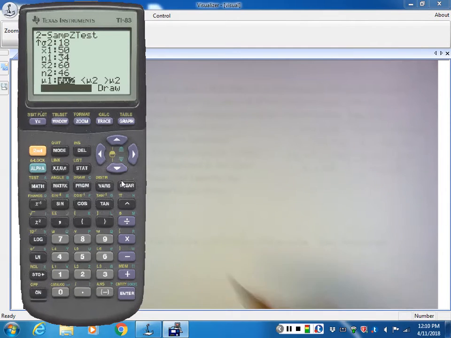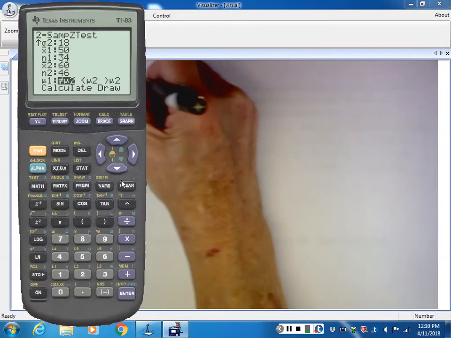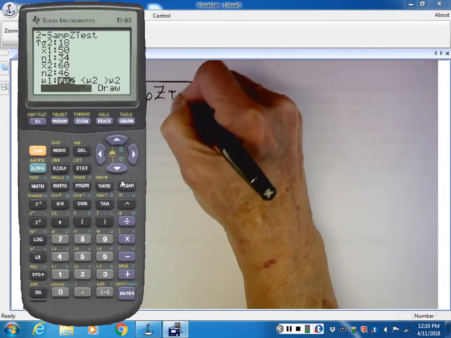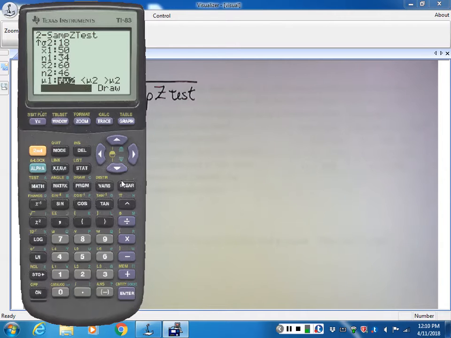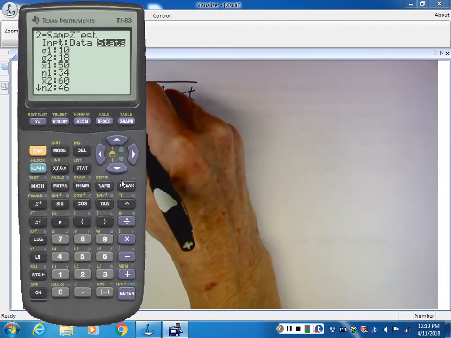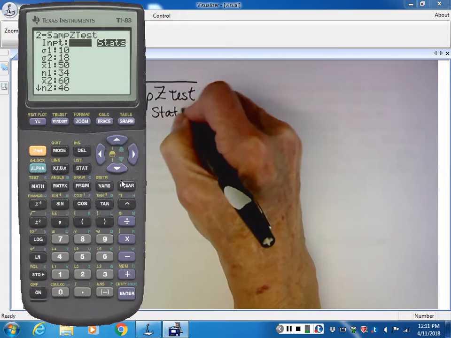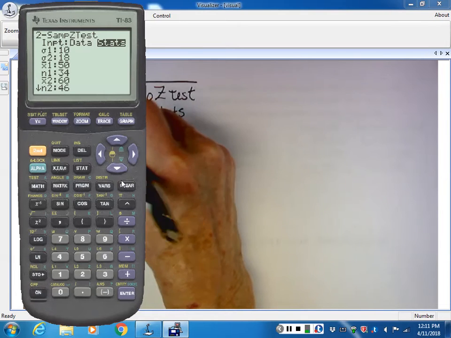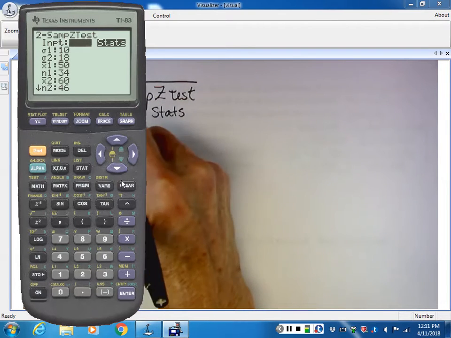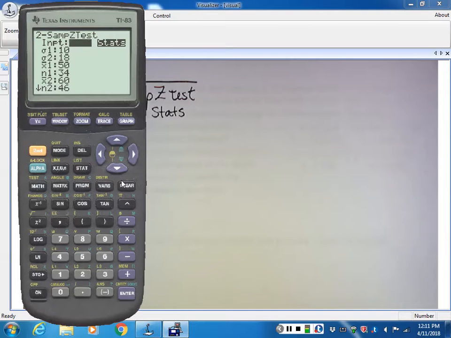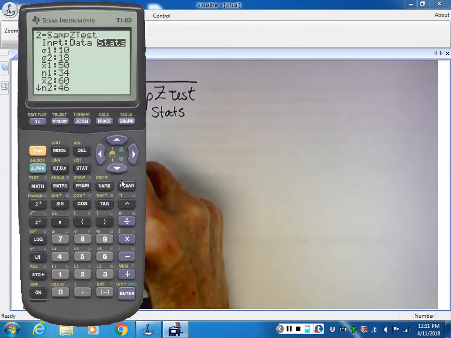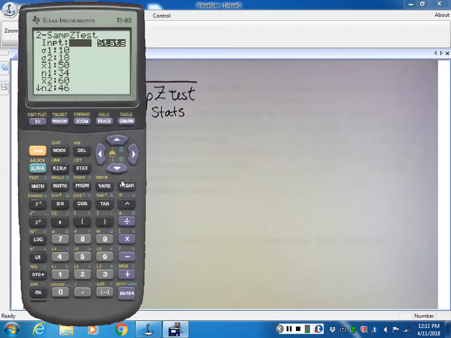So what you're going to do to show your work is you're going to make note of the fact it was a two-sample z-test, that your input was from statistics, that your standard deviation for model A, remembering that model A is group 1, was 10, and the corresponding population standard deviation for model B was 18, and then the mean and the sample size for model A, which is group 1, was 50 and 34.